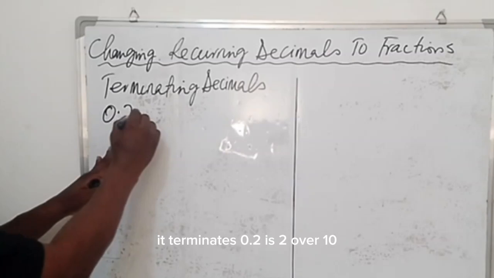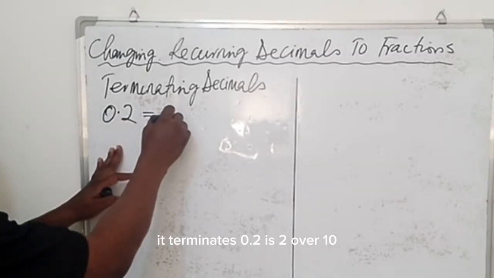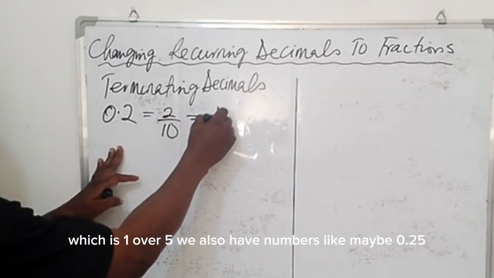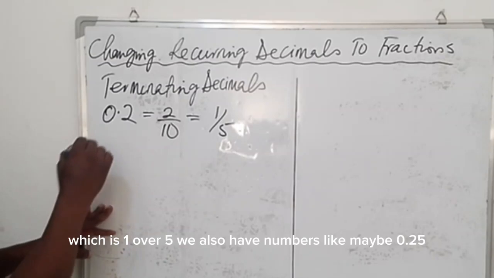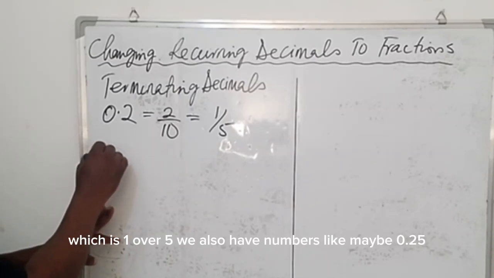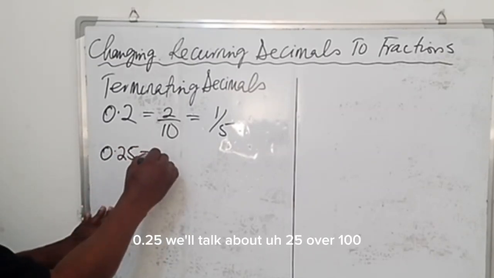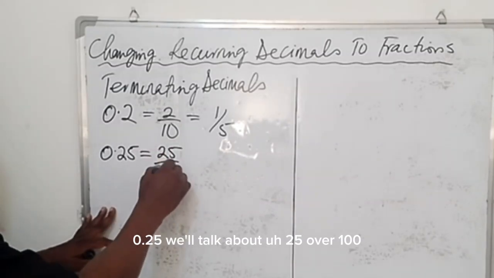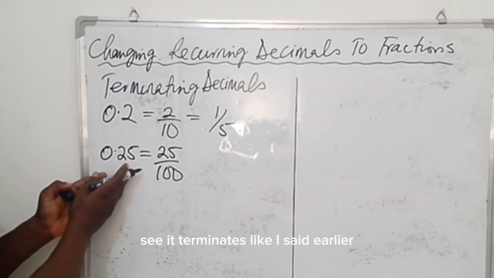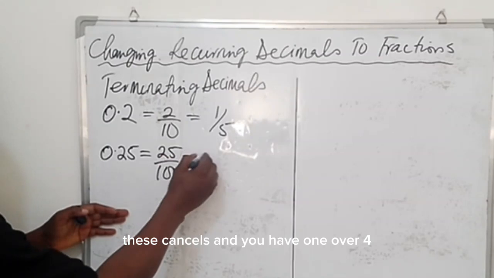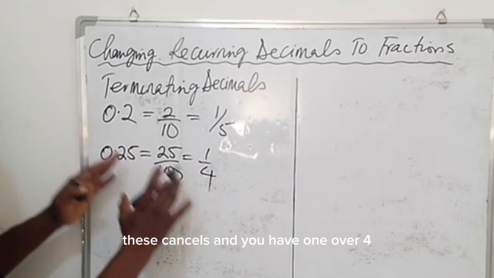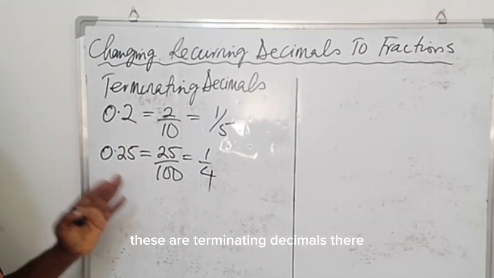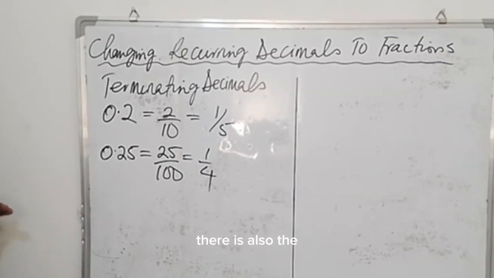See, it terminates. 0.2 is 2 over 10, which is 1 over 5. We also have numbers like maybe 0.25. 0.25 is 25 over 100. See, it terminates, like I said earlier. This cancels, and you have 1 over 4. These are terminating decimals.